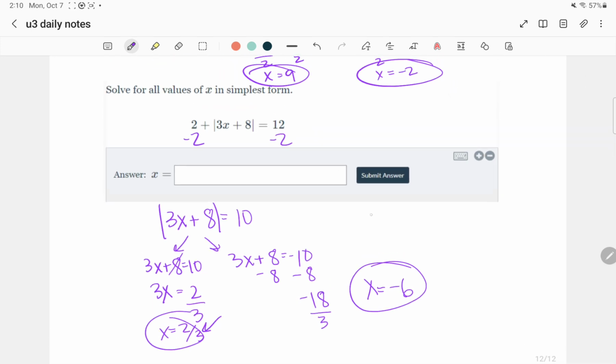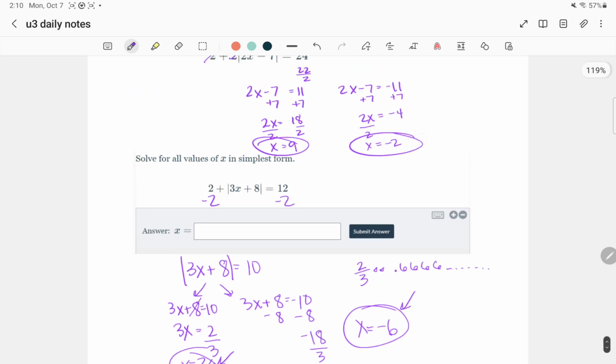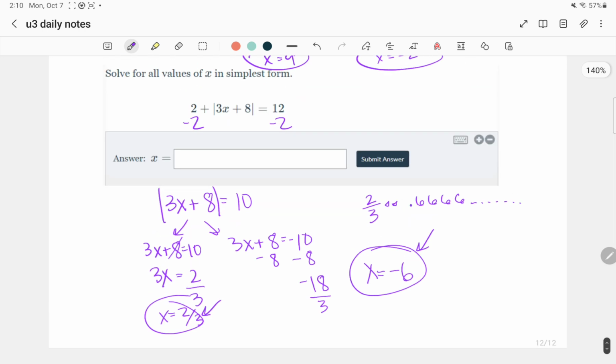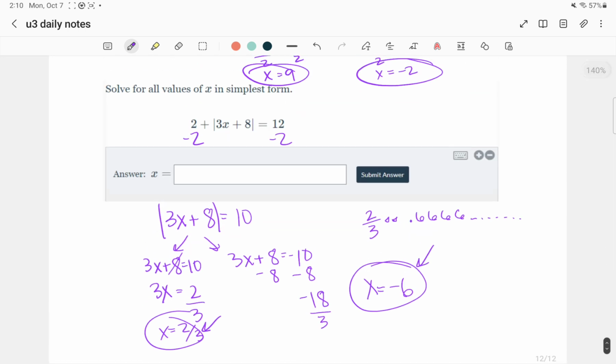Remember, 2/3, if you plug that in your calculator, is 0.66666 forever and ever and ever, which you can't write. So I always recommend writing these as a fraction if needed. If it's a whole number, obviously keep it a whole number. Okay, but there's my work, and those are what I got for the answers.